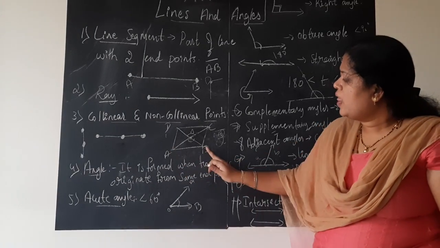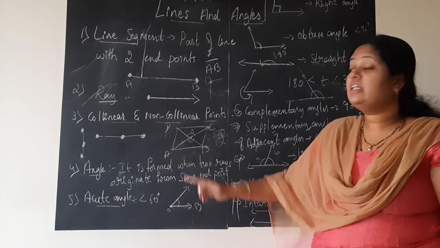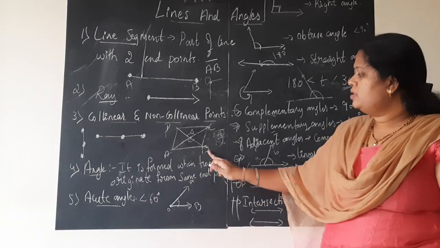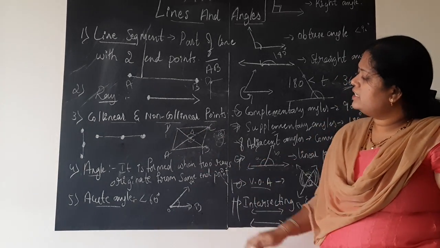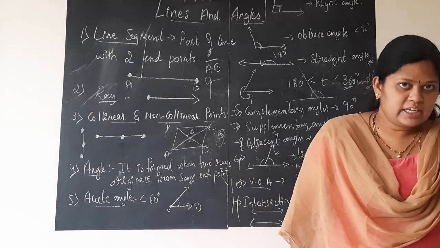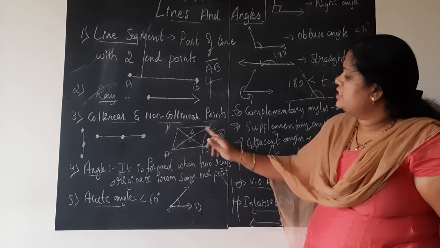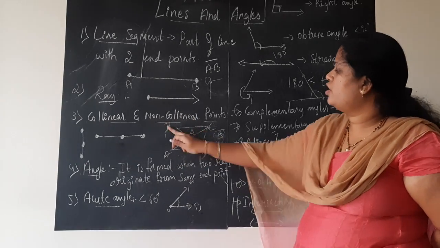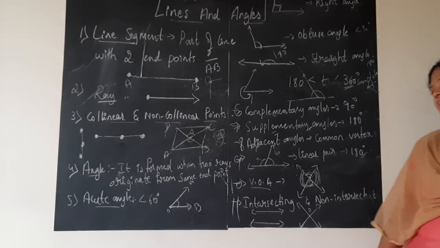For angle A, angle B is an adjacent angle, angle D is an adjacent angle, but angle C is the opposite angle. Similarly, for B, angle A and angle C are adjacent, but D becomes the vertically opposite angle. For angle C, D and B are adjacent, A is vertically opposite. Similarly, for D, C and A are adjacent, whereas B is the vertically opposite angle.